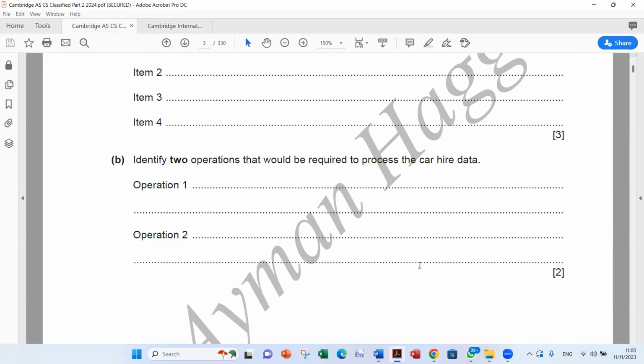Okay, what else? Identify two operations that would be required to process the car hire data. I think this is more like a database question. So the operation is to rent a car, return a car, calculate the cost. If there is damage, calculate the fine or the repair.